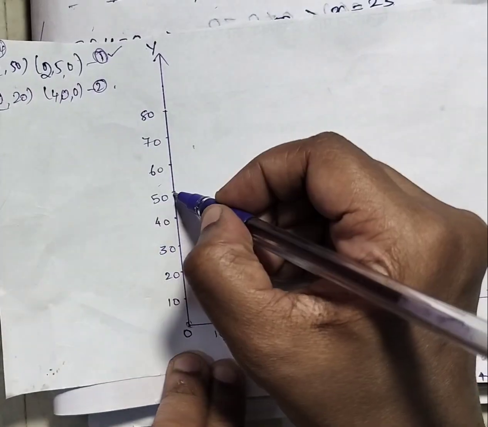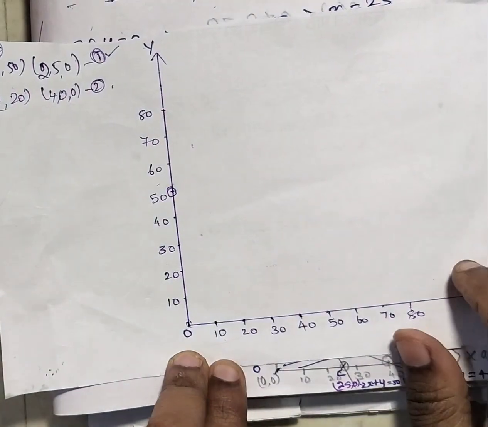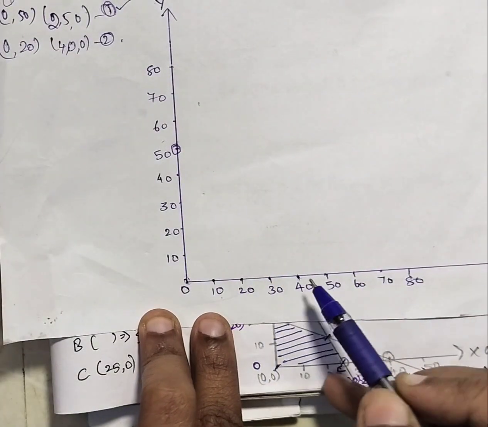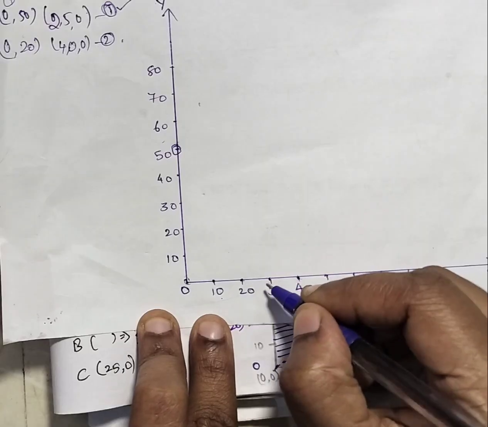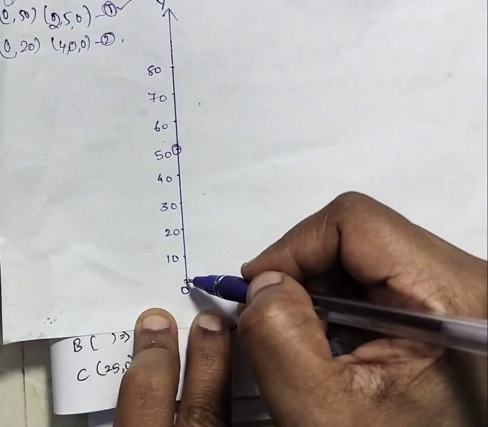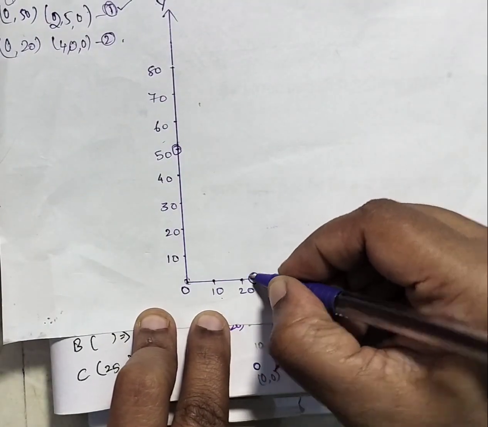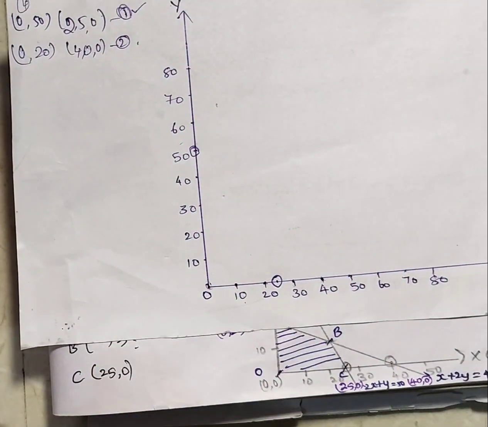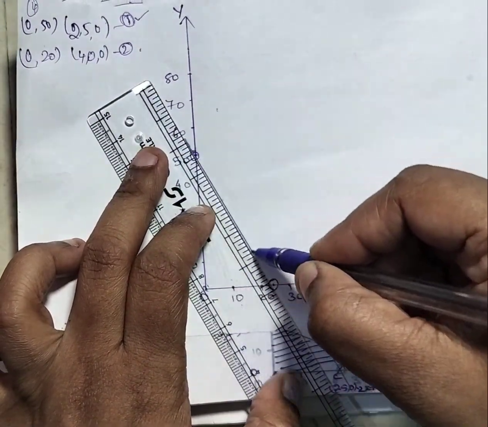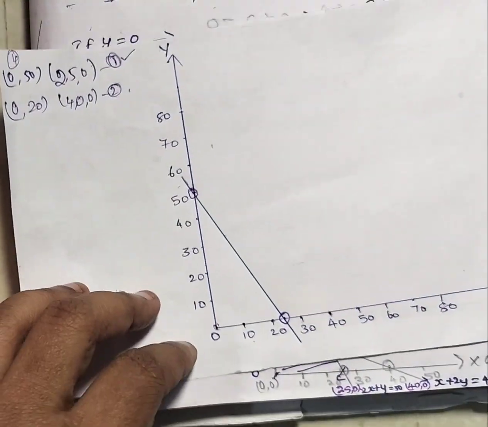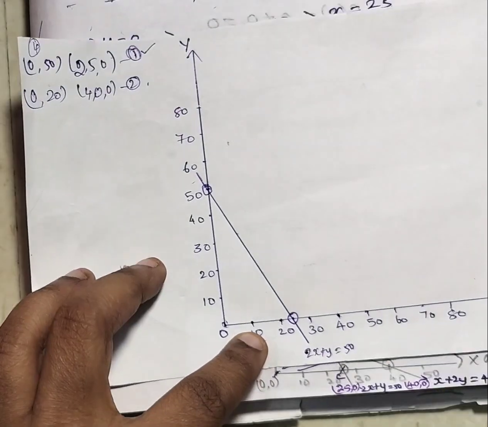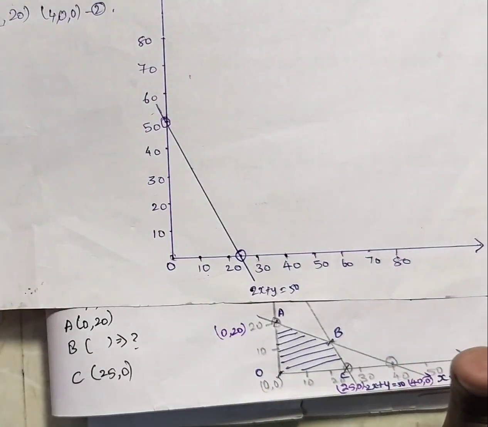Next one, 25 comma 0. So x is equal to 25, between 20 and 30, and y is equal to 0. So this is the point. For equation 1, we matched the 2 points in the graph. The first equation is 2x plus y is equal to 50, and for that we draw the line.